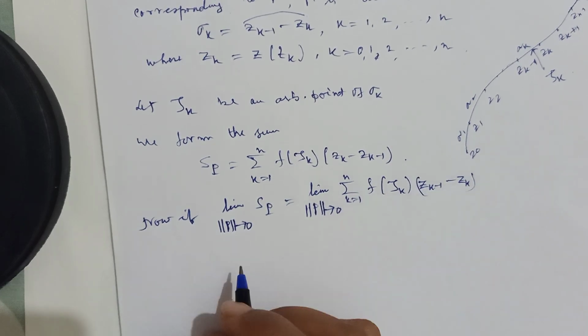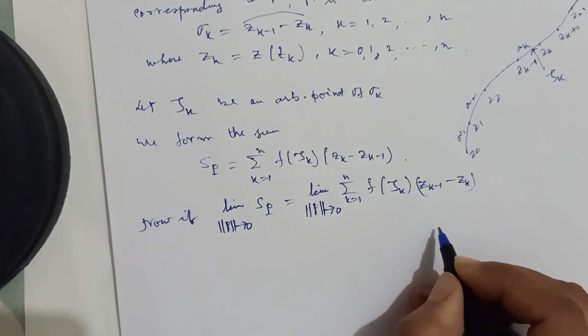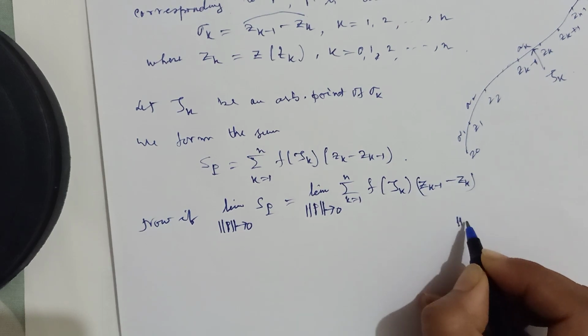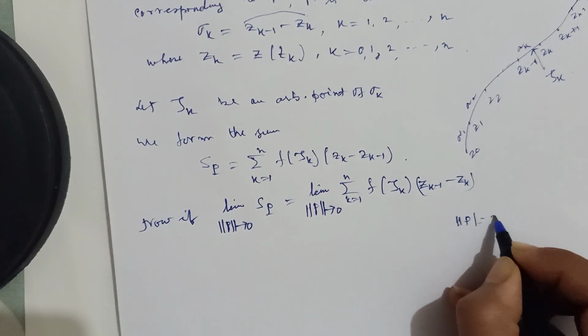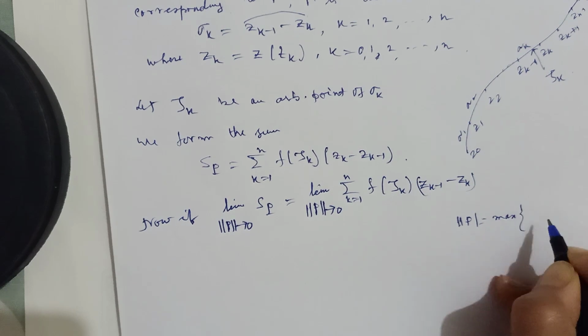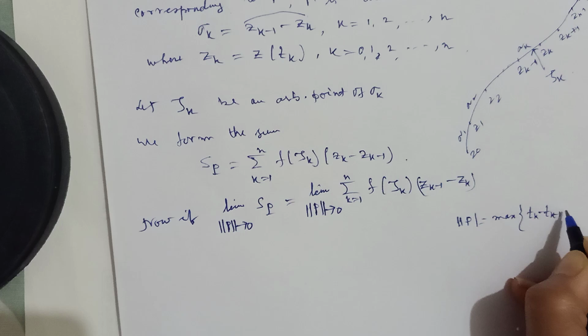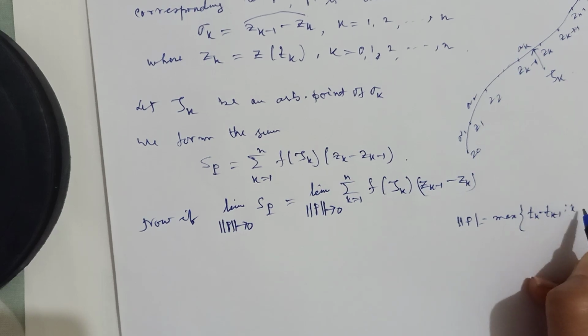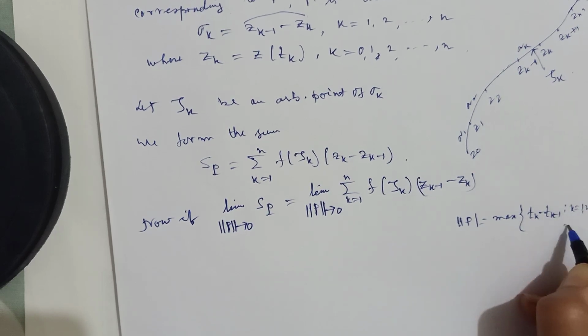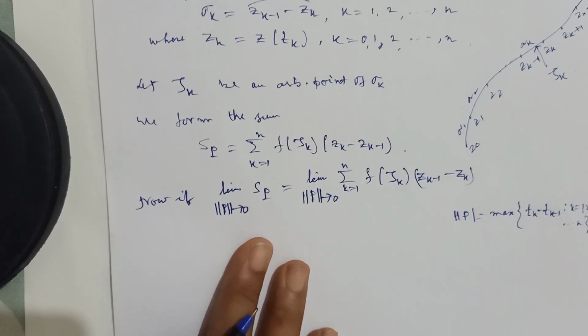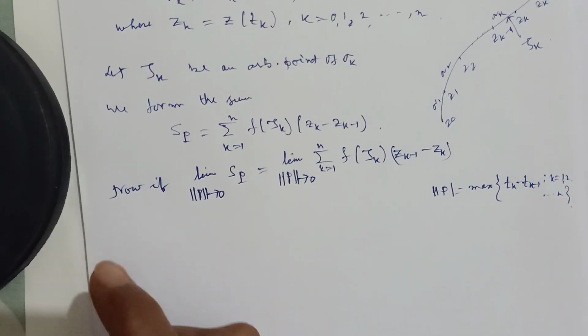Here norm p equals to the maximum over tk minus tk minus 1, where k equals to 1 up to n. Clear?